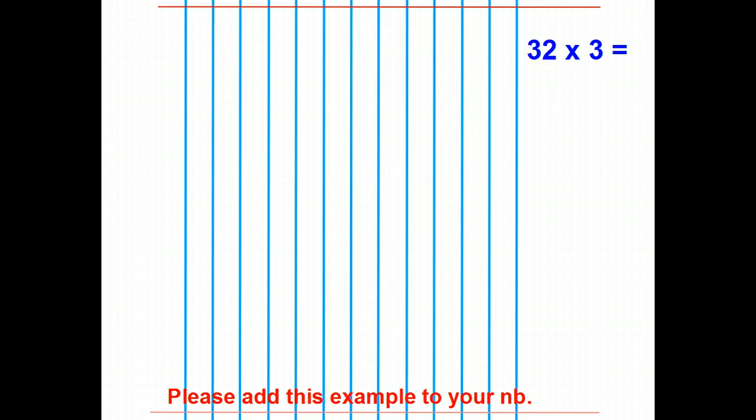What I've done is taken my notebook paper and I've turned it, because lining up numbers when I multiply larger numbers is really, really important. In fact, if I went here, it's easy already to start getting sideways, and that's not what we want to do.